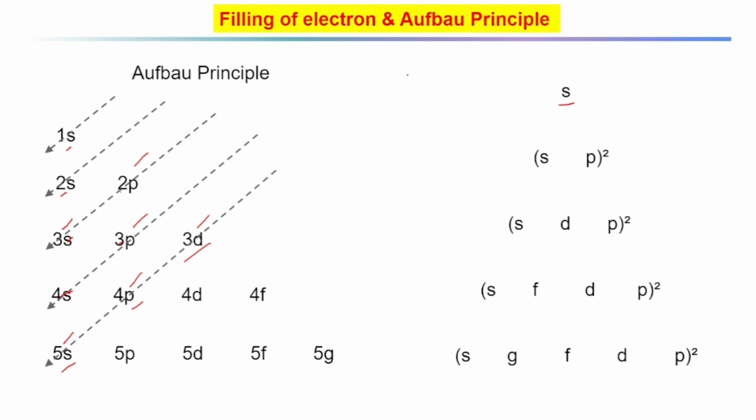First when the electron comes, it will fill s, and again it will be sp square, means next line it will be s and p, and again there will be another sp because it was sp square, right?